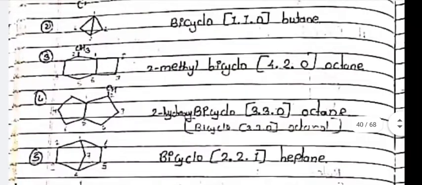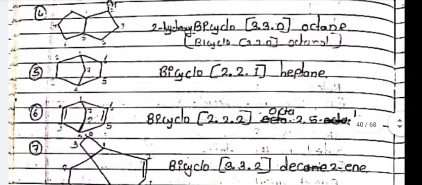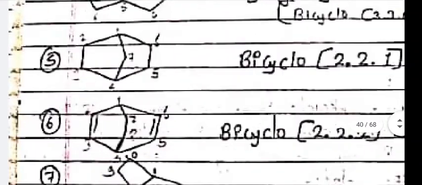There is also numbering given here, 1 2 3 4 5 6 7 8. Here also numbering is given, 1 2 3 4 5 6, then 7.